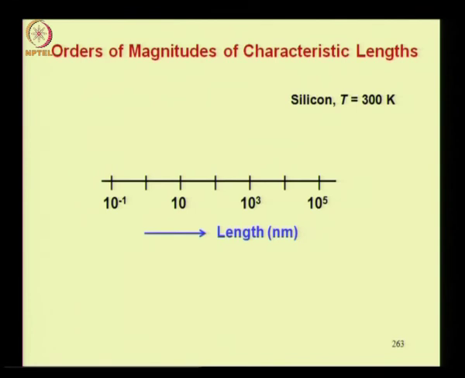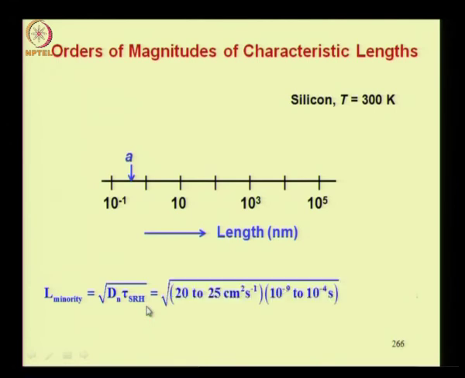Finally, let us look at the characteristic lengths for silicon. Here we have placed the lattice constant a, which is the smallest characteristic length that we will come across. For silicon it is about 5.43 angstroms or 0.543 nanometers. The minority carrier diffusion length is given by square root of the diffusion coefficient into the lifetime.